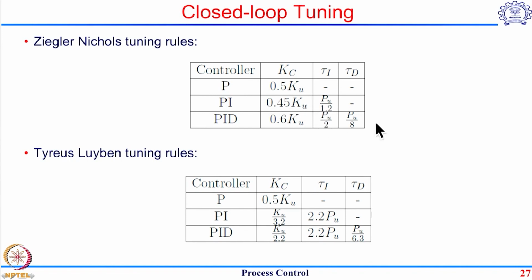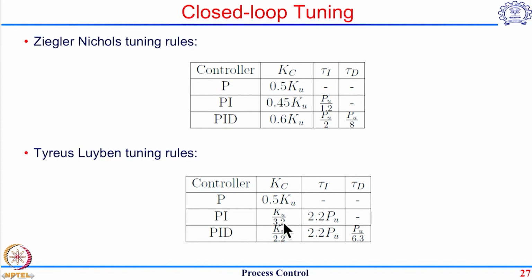Now what people realized by using Ziegler-Nichols tuning rules was that the response tends to be very oscillatory, with a very small value of damping coefficient. If you do not want large oscillations in your system, then Tyreus and Luyben detuned these controllers to make the response a little slower than the Ziegler-Nichols rule, but less oscillatory.